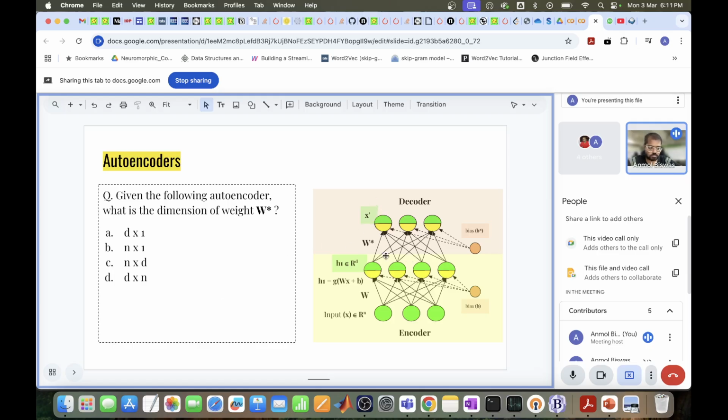The question here is what is the dimension of W star, which is the decoder weight, right? You have options: d by 1, n by 1, n by d, d by n. Take some time to try to figure out the correct option, and in a couple of minutes, I will discuss the solution.